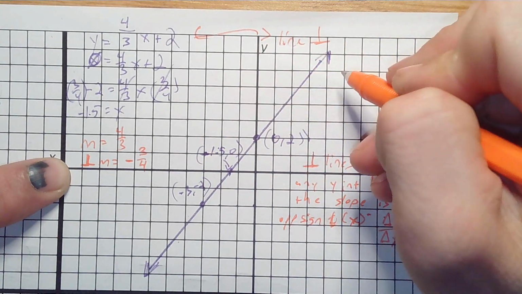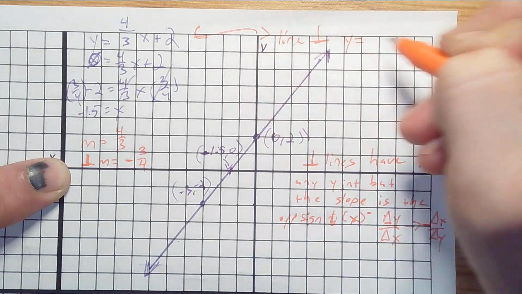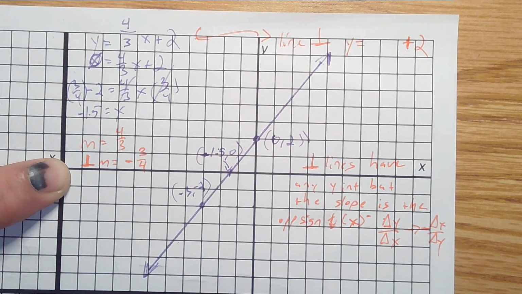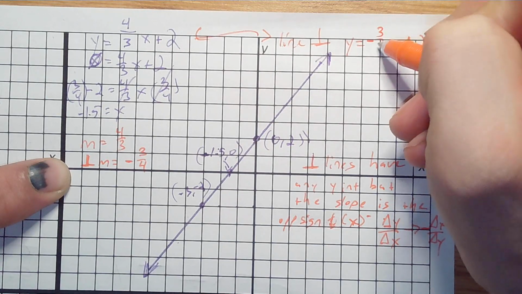So y equals, it's got to pass through the y-intercept, so it's going to have the same y-intercept, and it's perpendicular, so it has the opposite reciprocal slope, negative 3/4 x plus 2.